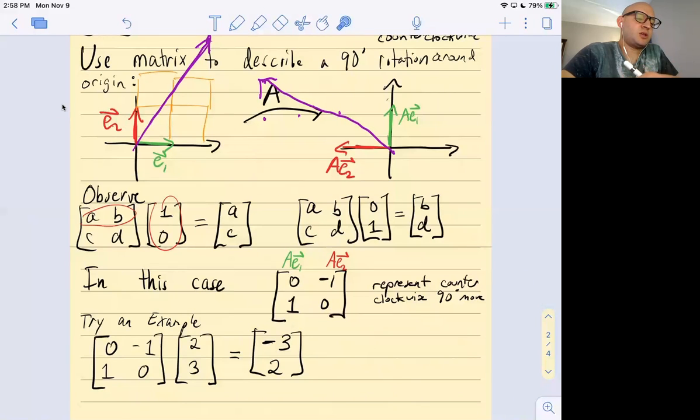How do we find the slope of this purple one? Anyone remember? The slope here is rise over run, right? It's 3 divided by 2. So this slope is 3/2.